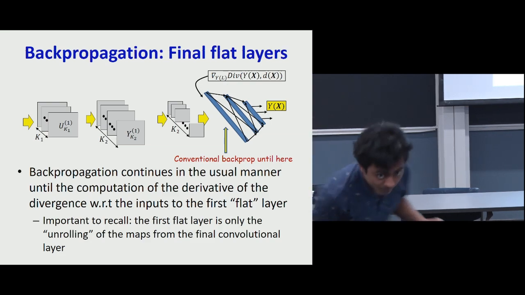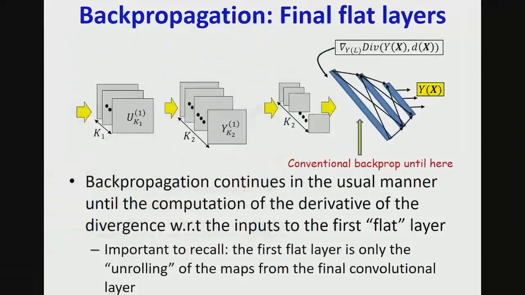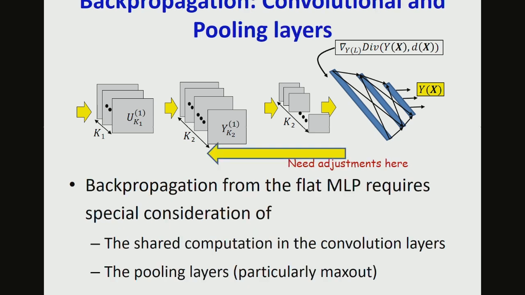All right. So this is the easy bit. There's nothing magical so far. We can just compute the derivatives all the way back to the input of the MLP itself. The real difficulty, or the real difference, lies in what happens subsequently, because this portion has a different structure than what we've seen in the past.